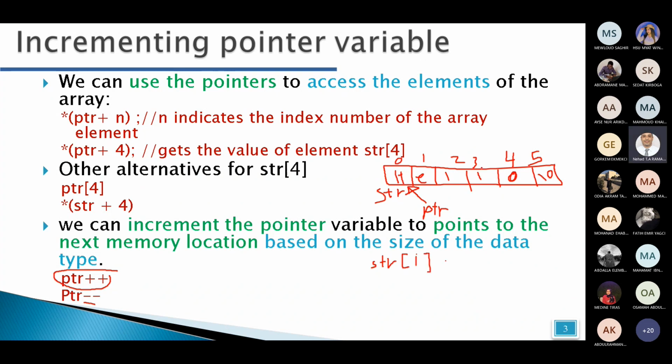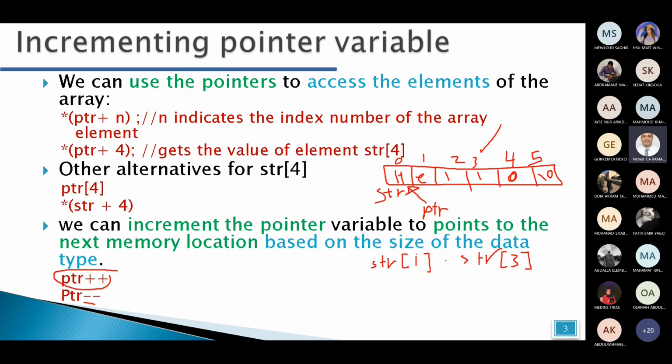So if we need element 3, we will write str[3]. This means the element indexed by 3. We can use it also like this, because str is a pointer to the first element also. The name of the array is a pointer to the first element.